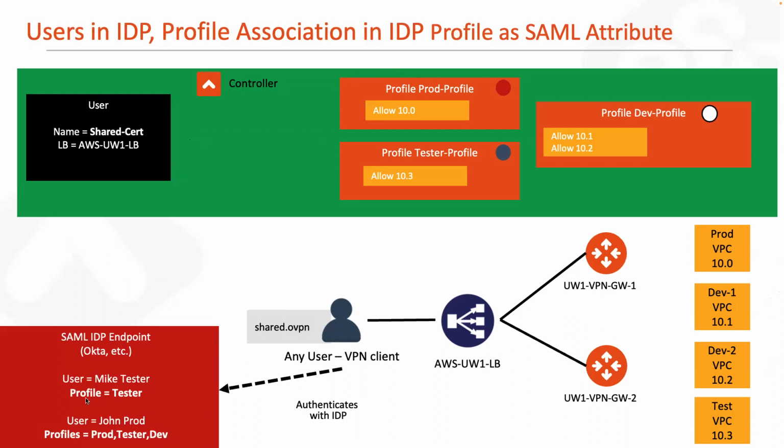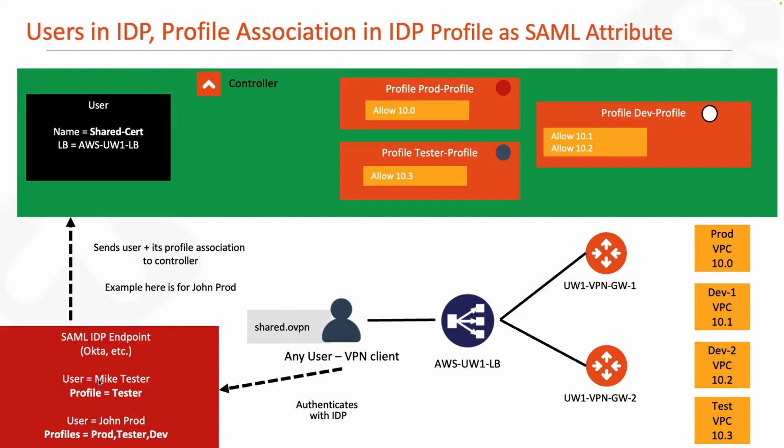Notice that it's not only the user, it's the profile association that is also done in the IDP. So you can say Mike Tester belongs to profile tester, or user John Prod belongs to multiple profiles: prod, tester, and dev. Again, we use the shared certificate. All of this is happening inside the IDP. So when we send back to the controller, we not only send the user, we send the profile association.